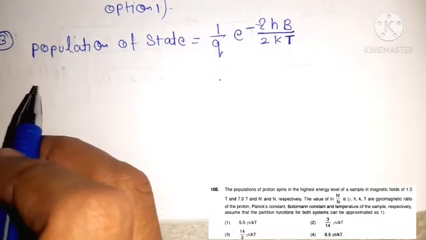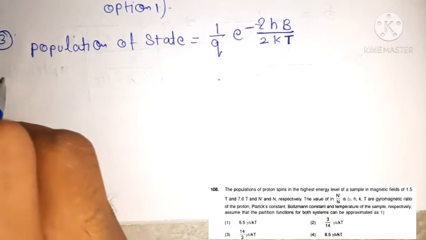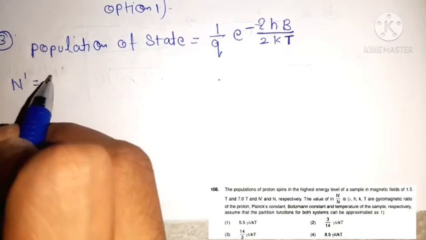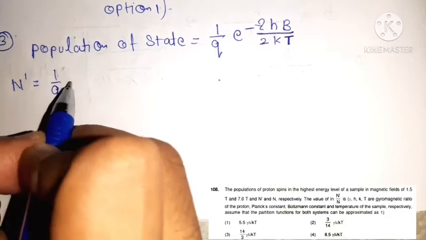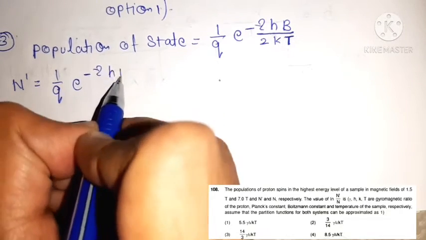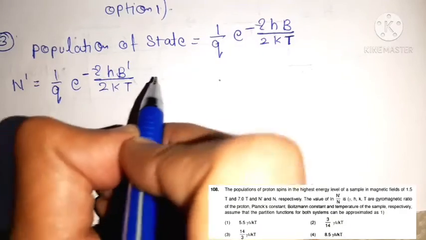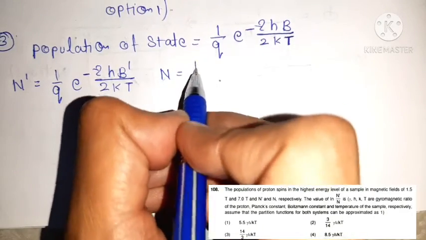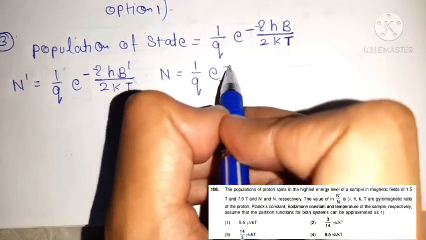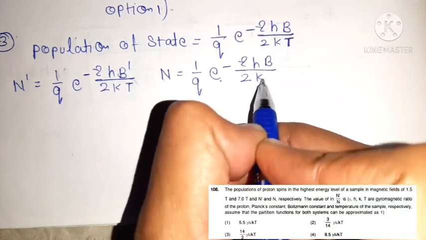And we have two populations of state, one is n and one is n dash. So for n dash it will be 1 upon q e to the power minus gamma h B dash upon 2 kT, and for n it will be 1 by q e to the power minus gamma h B upon 2 kT.